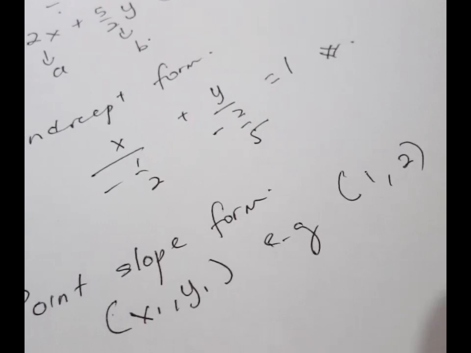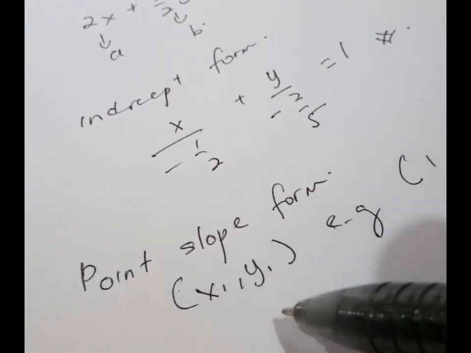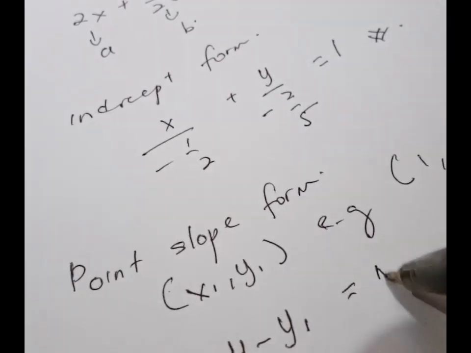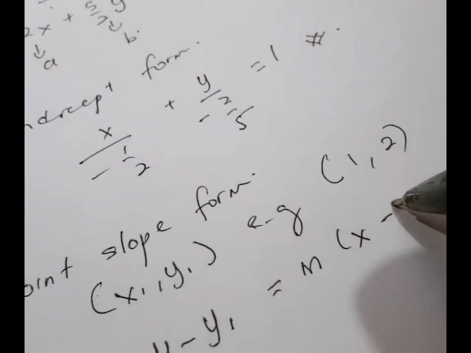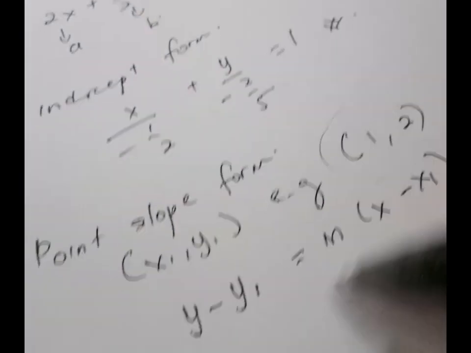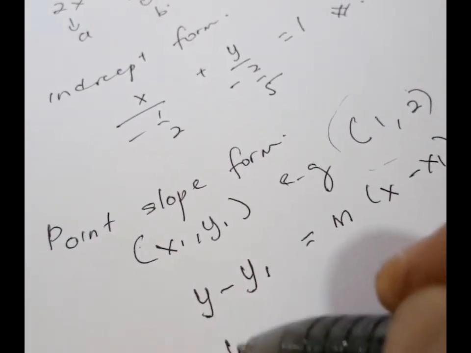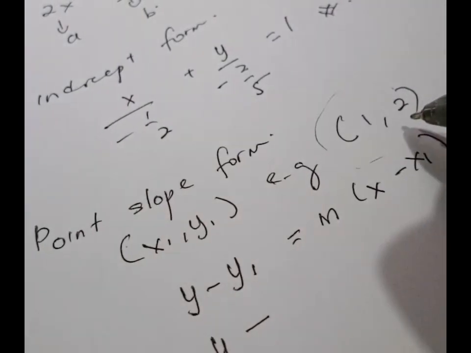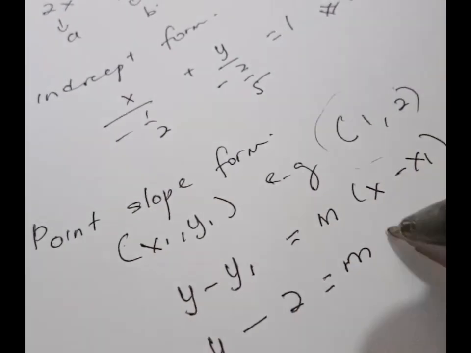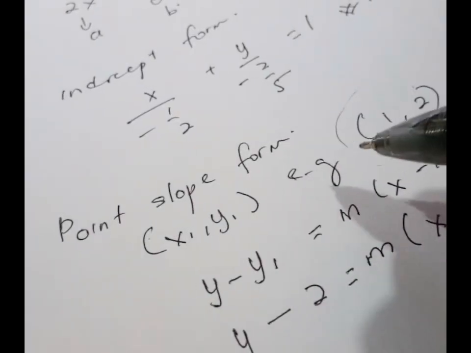The linear equation in point slope form is given by y minus y1 equal m times x minus x1. So in this case, the point slope form is y minus 2 equal m times x minus 1. So this is point slope form.